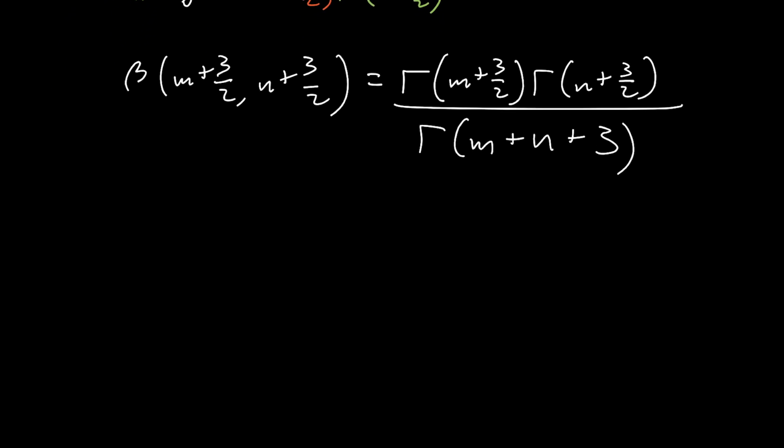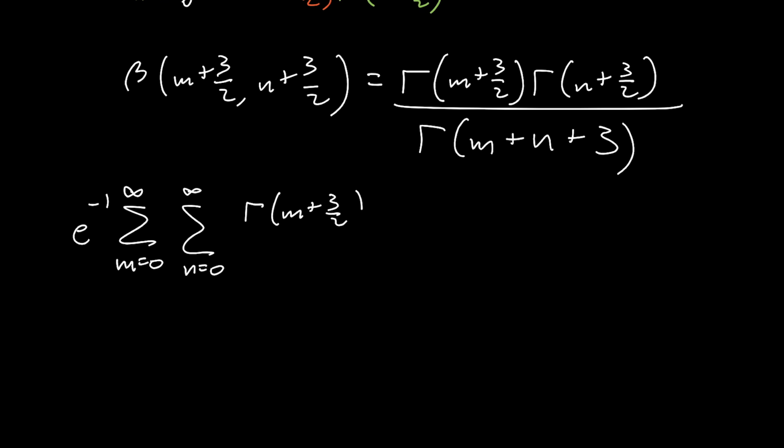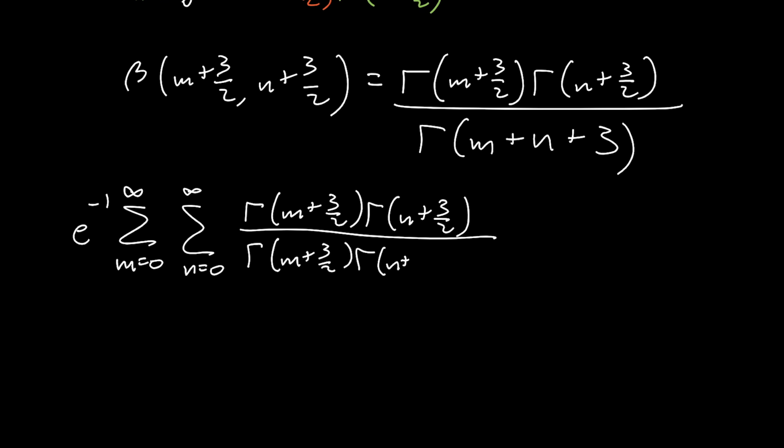So we put this all together with our integral. We have e to the minus 1, we have a sum from m equals 0 to infinity, and a sum from n equals 0 to infinity. Now we have gamma of m plus 3 over 2 times gamma of n plus 3 over 2, and then we also have on the denominator from previously gamma of m plus 3 over 2 times gamma of n plus 3 over 2.